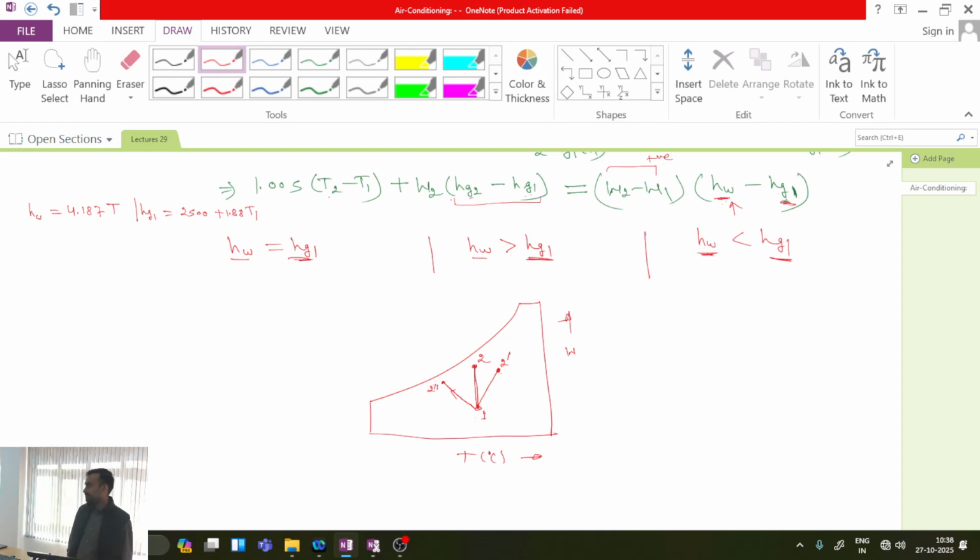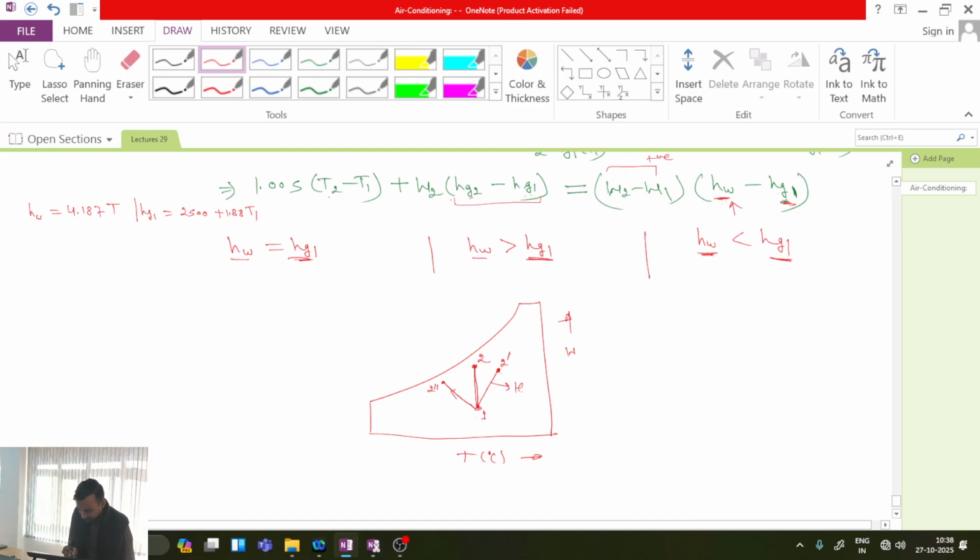Is this one clear? So it means that pure humidification can only take place when the enthalpy content of the water vapor which we are adding is exactly equal to the enthalpy content of the moist air. Okay. If enthalpy of water vapor is more, then we will be able to achieve some process in which humidification is also taking place and temperature is also increasing.